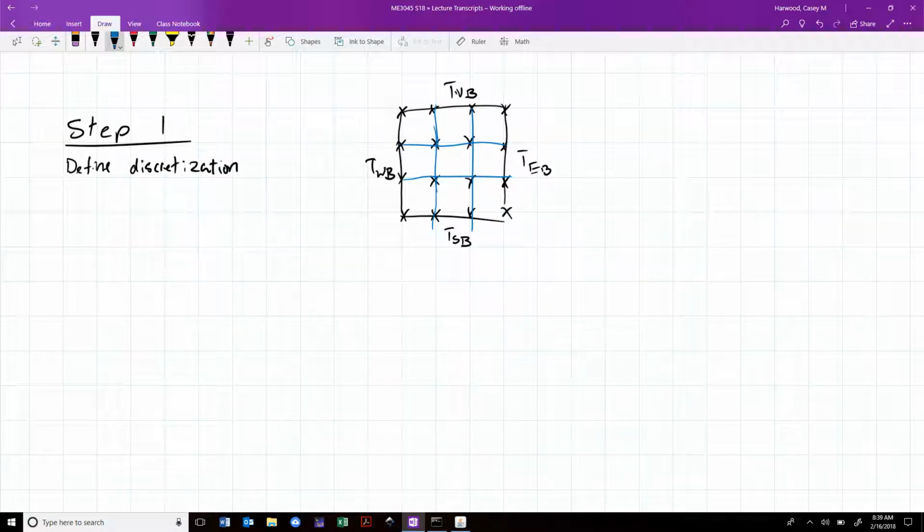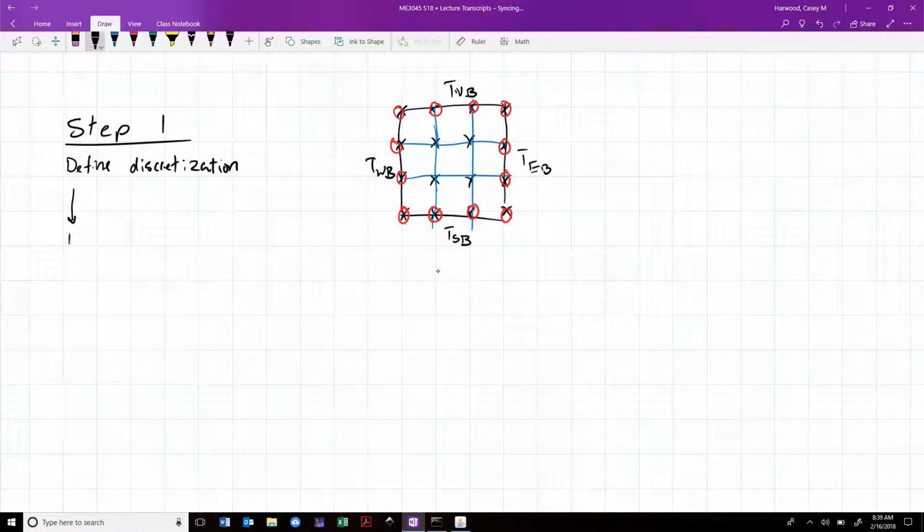So there are a total of 16 nodes, and because we've defined the boundary conditions, we already know 12 of those. So we really only have 4 unknowns that we're dealing with on the interior, those interior 4 points.